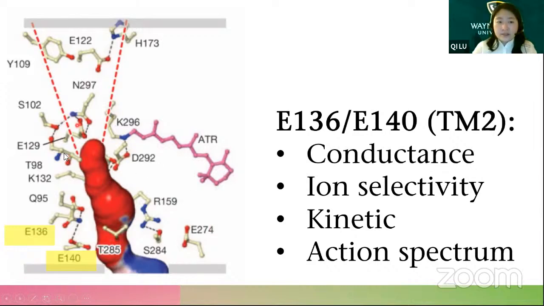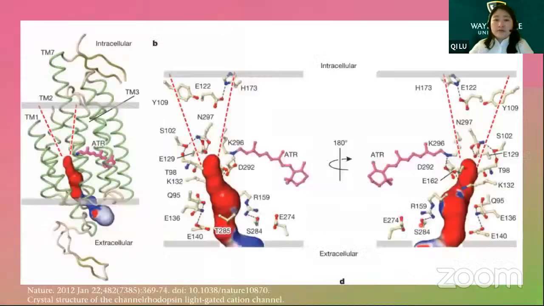The critical sites here are determined by E136 and E140. These two amino acids, E standing for glutamate, are critical for ion selectivity and conductance, and determine the kinetics of the channelrhodopsin. And they may also determine the action spectrum.